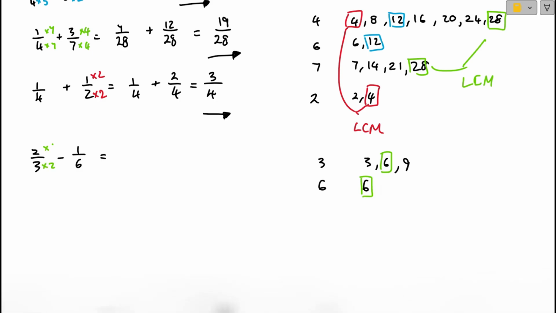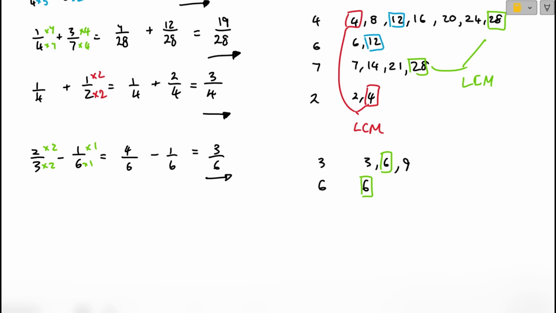We know that is 2. And yeah, 6 is basically just 1. So it does not really change anything over here. So rewrite this. So 2 times 2 will give us 4 over 6. And 1 over 6. Denominators remain the same. And let's just subtract the numerators. So 4 minus 1, that will give us 3.